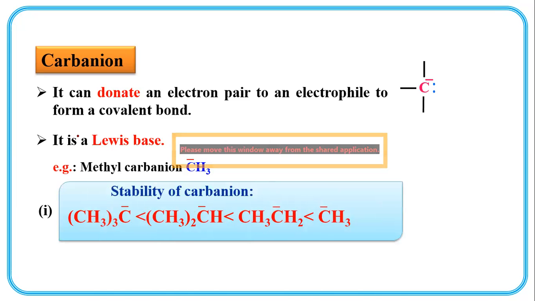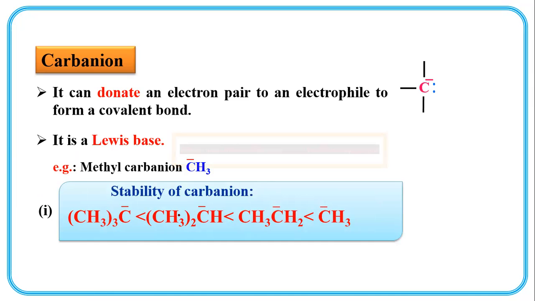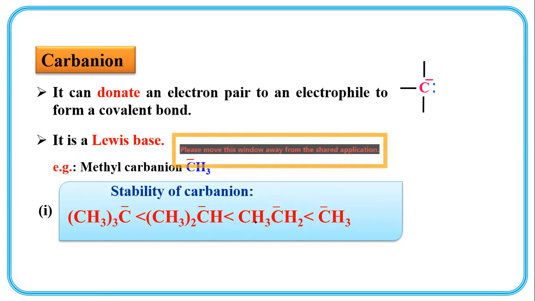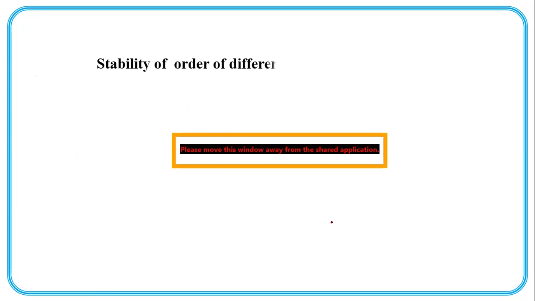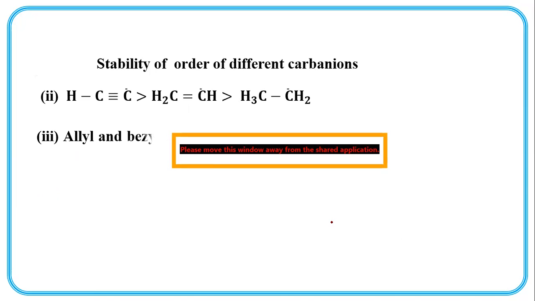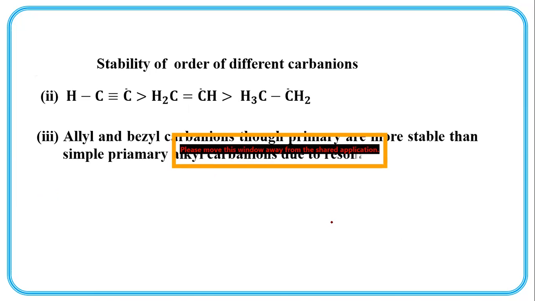So this is the stability order of carbanion: tertiary butyl carbanion, secondary propyl carbanion, ethyl carbanion, and methyl carbanion. So this is the general stability order of different carbanions.